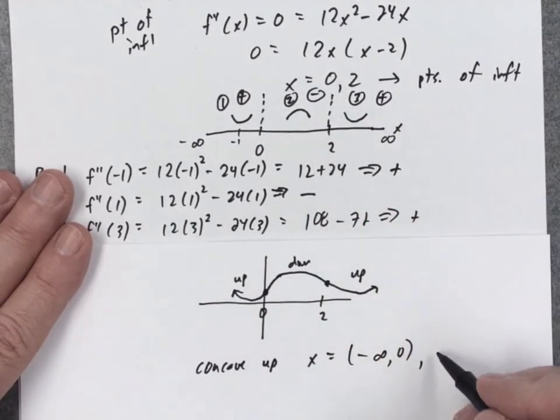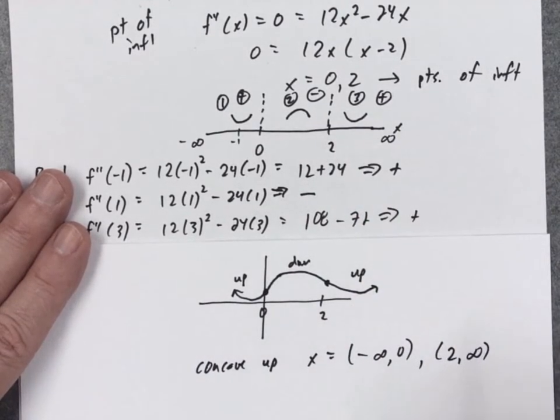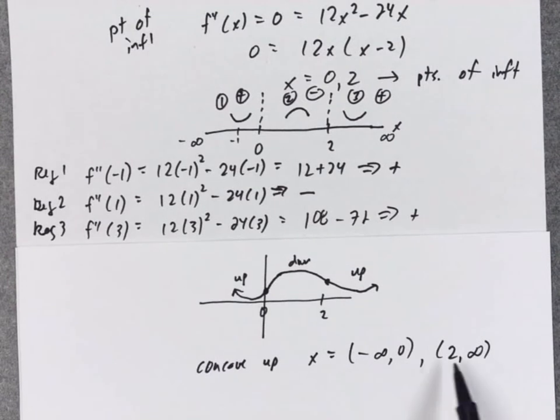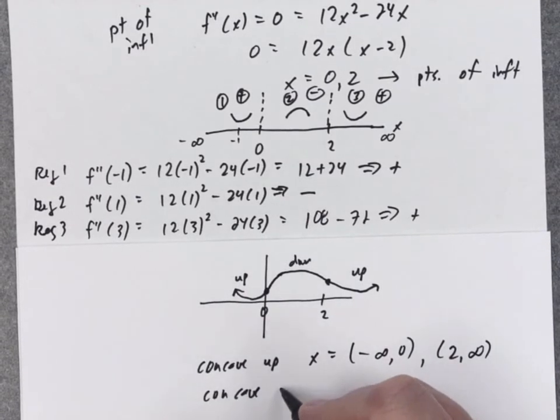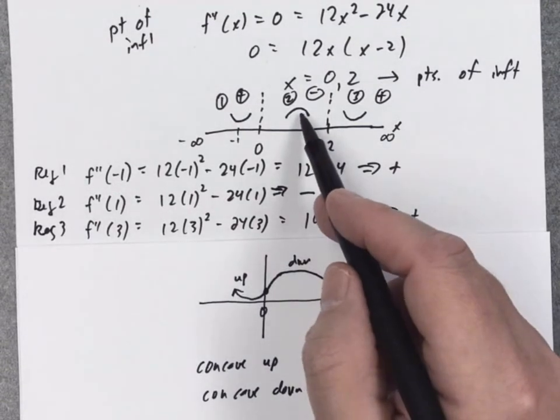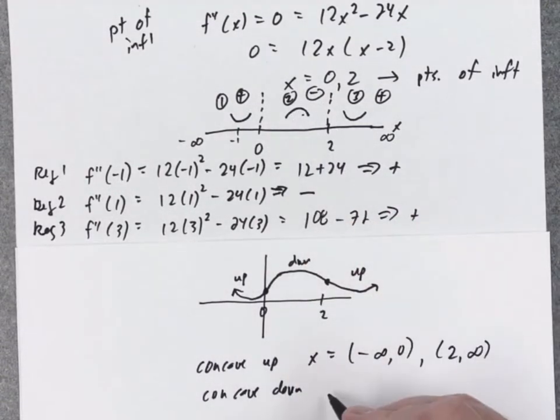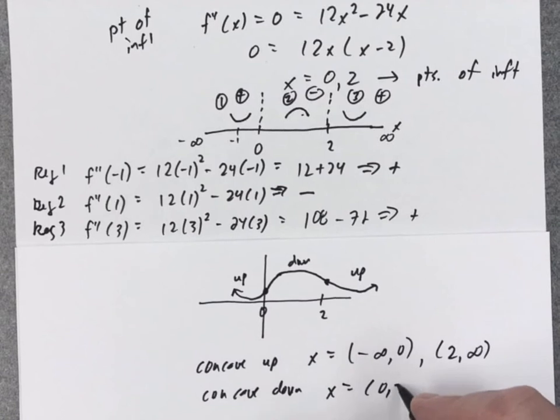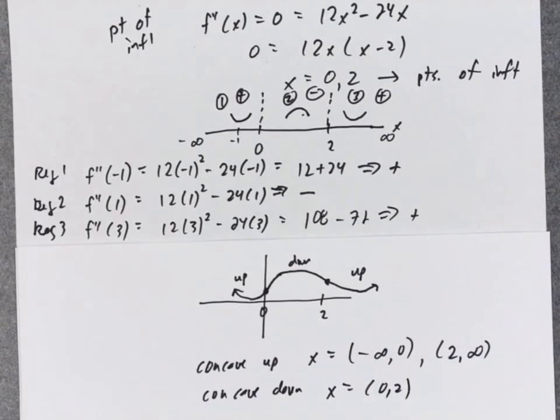Region 3, x starts at 2 and goes to infinity. So these are the intervals, the values of x, where the graph is concave up. And where is it concave down? In the second region, which is from 0 to 2. So there's the concave up, concave down.